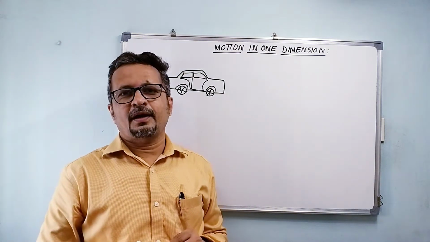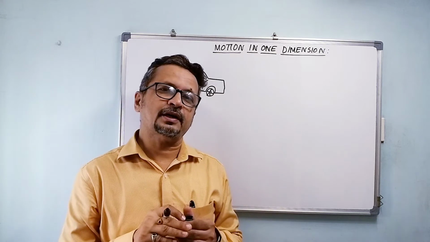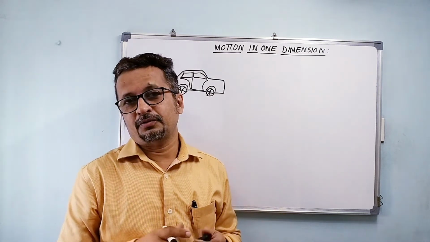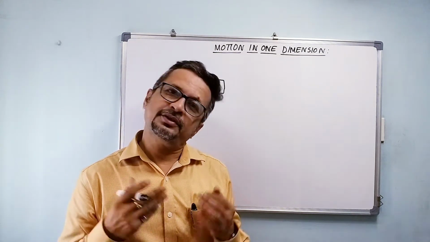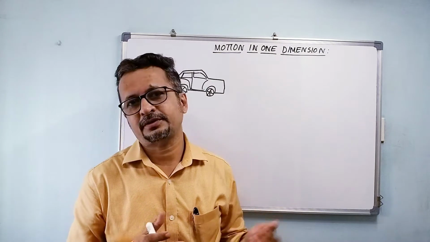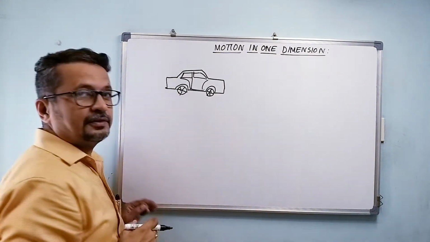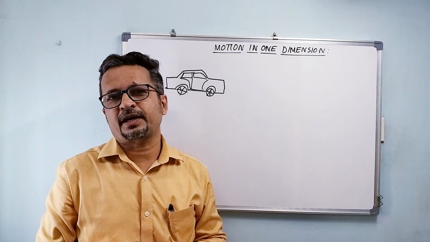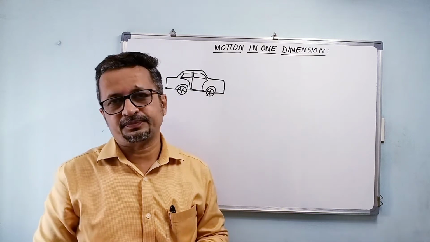Now the speed of the car is something like 100 kilometers per hour. Both of them are sitting side by side, so with respect to each other they are at rest, correct? But then if there is another car, while this man is driving at 100 kilometers per hour, some other car overtakes him.